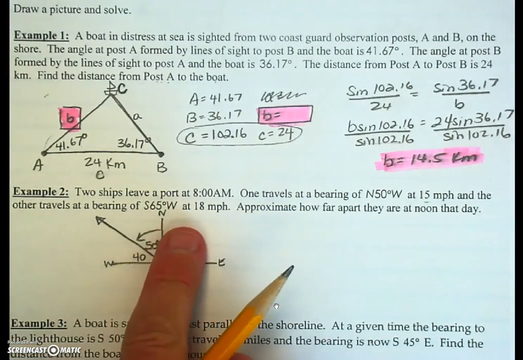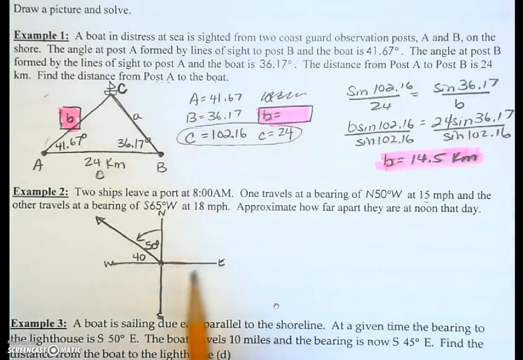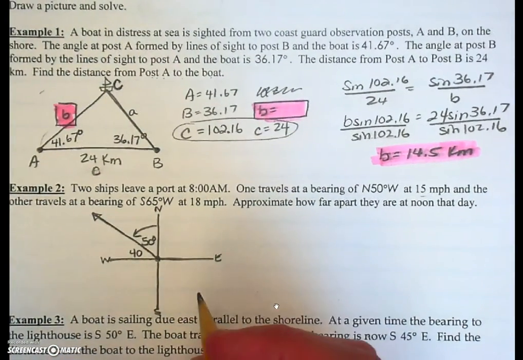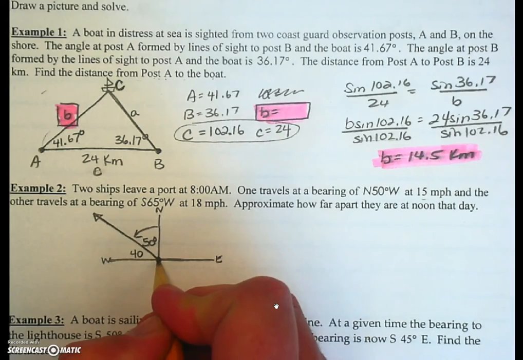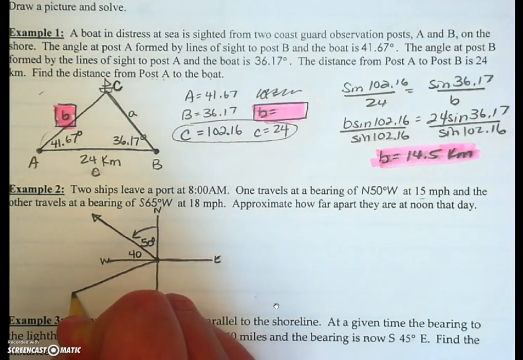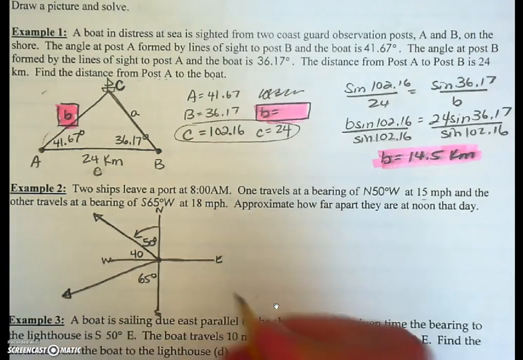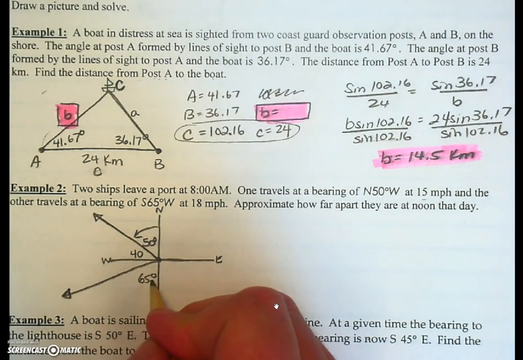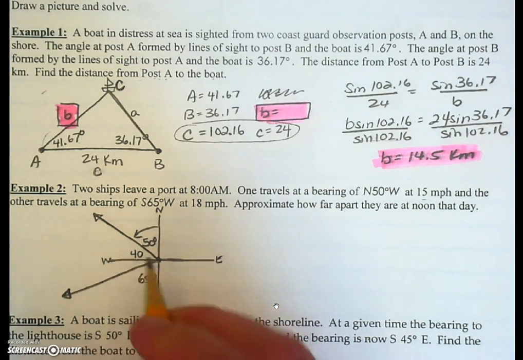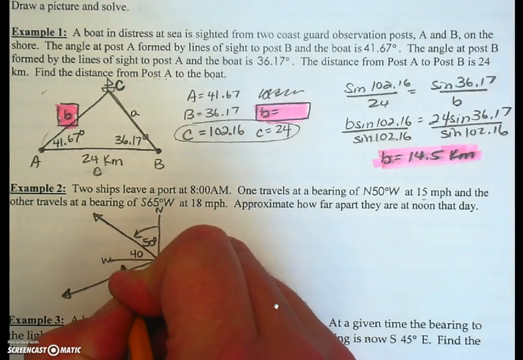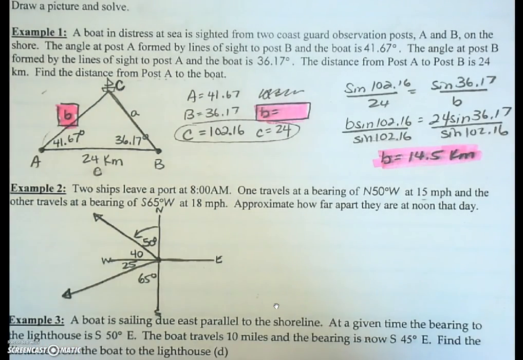All right, and then the other one is south 65 degrees west. So I'm starting south, and I'm going to swing 65 degrees to the west. This one's going to swing a little bit more in this direction here. And that's 65 degrees, which means if I do 90 minus 65, this angle in here is 25 degrees.